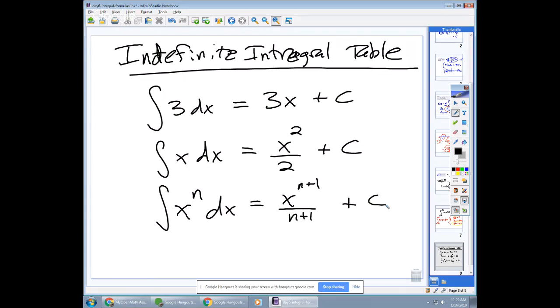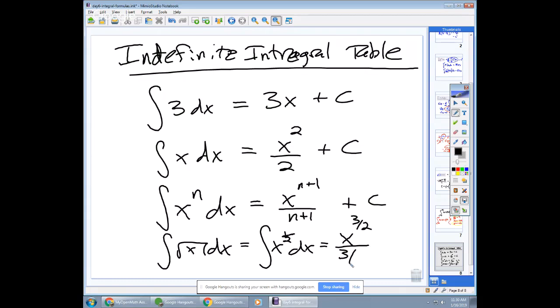So let's see. Suppose I wanted an antiderivative for the square root of x. Well, first I would rewrite that as x to the 1/2. And then I can use this rule right here, which says do what? Almost, we add 1 to the power, so that's going to give me x to the 1/2 plus 1, which is 3/2. And then I have to divide by 3/2.